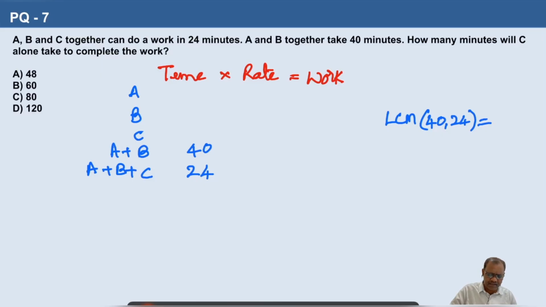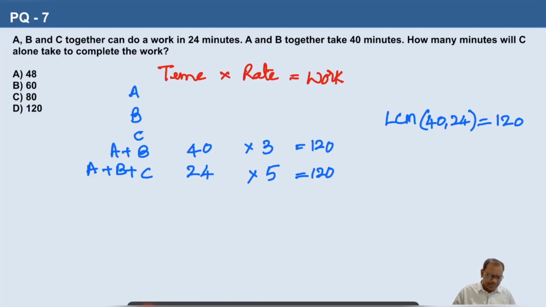So that is the LCM. So total work is 120 units. So 120 is divisible by 40 3 times. 120 is divisible by 24 5 times.